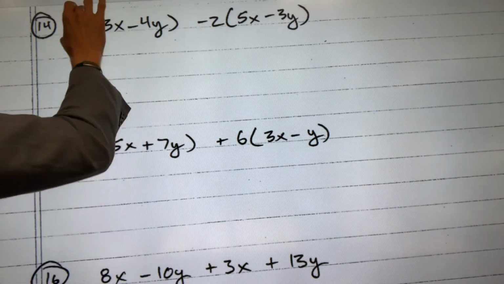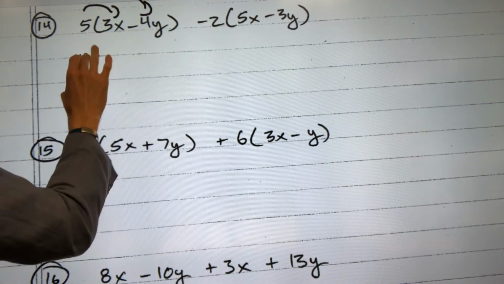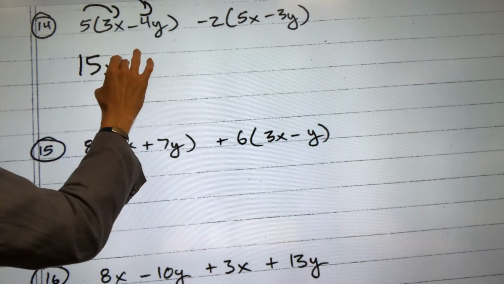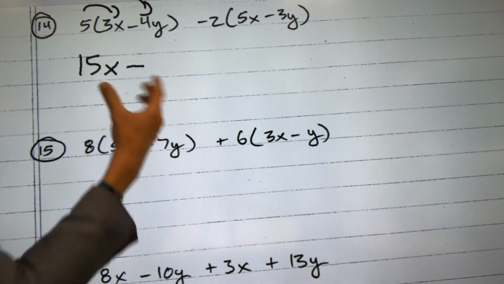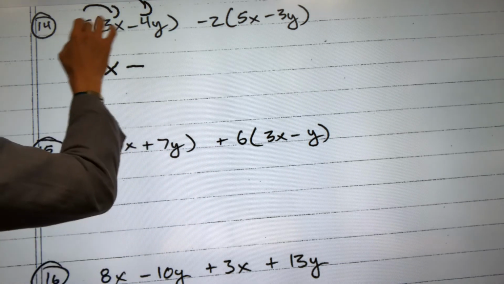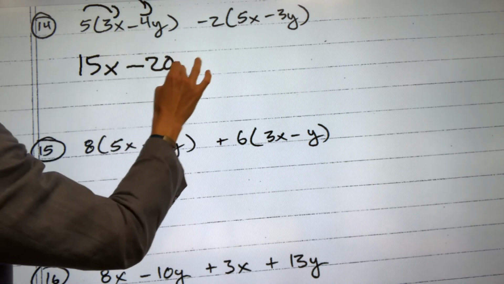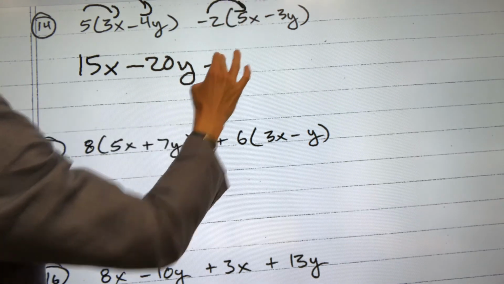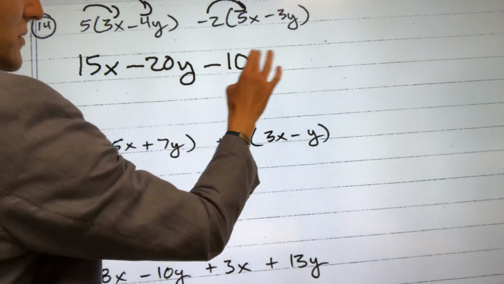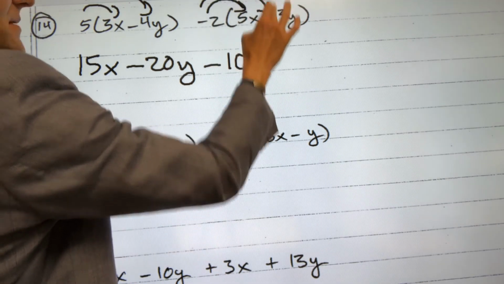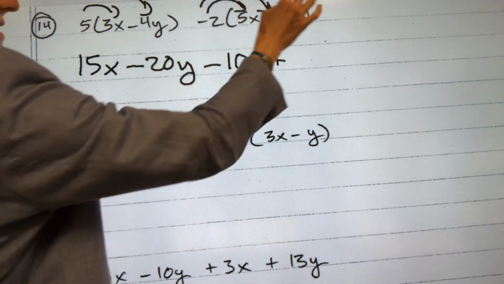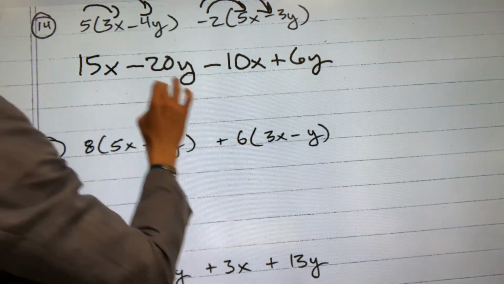All right. Distribute. 15x. The arrows mean multiplication, minus because it's 5 times a negative 4, that is. A positive times a negative, 20y. A negative times a positive is minus 10x. We're multiplying. A negative times a negative is a positive. 2 times 3, 6y.